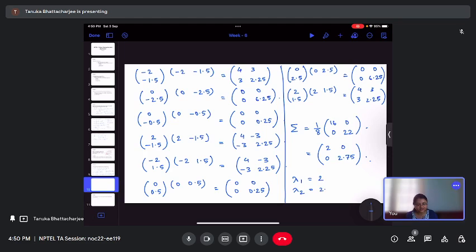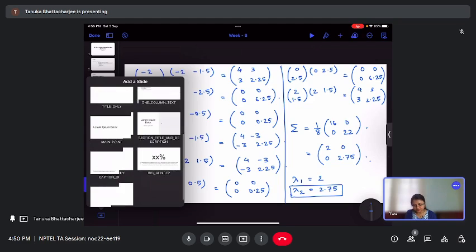So the eigenvalues are 2 and 2.75. The larger one is 2.75. You will compute the eigenvector corresponding to the eigenvalue 2.75, and that gives the projection direction according to PCA. Let us compute that.